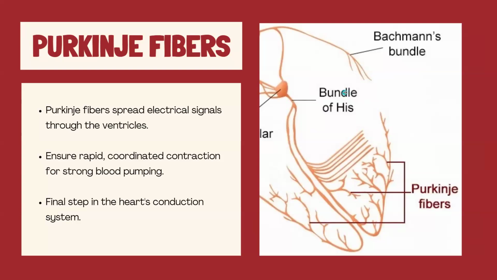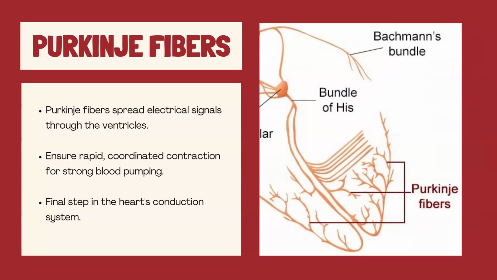Finally, we reach the Purkinje fibers. You could think of these as small branches branching off the bundle of His. You can really see how it spreads the electrical signal through the ventricles. It ensures rapid coordinated contraction for strong blood pumping.